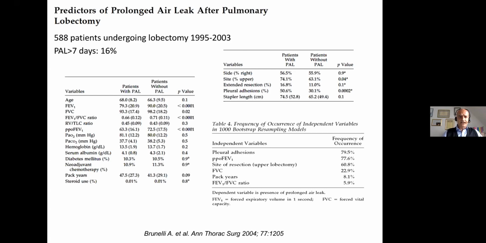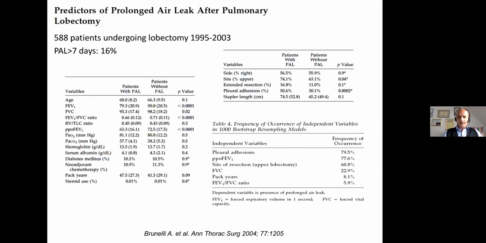This is an old study we published in 2004, and we found that several patient-related and surgical-related factors were associated with a prolonged air leak, which at that time was defined as longer than 7 days.